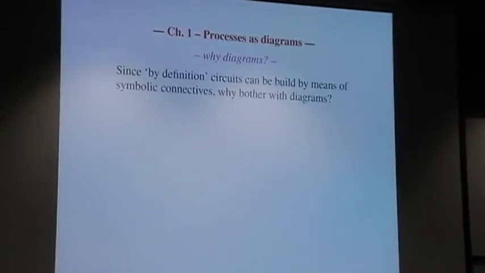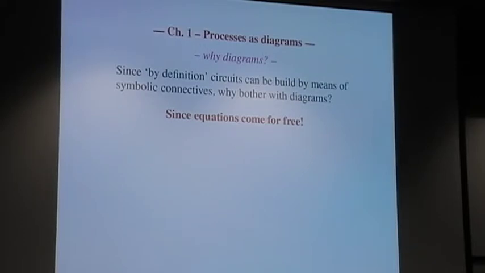So since we can do things symbolically, why do we want diagrams? I already hinted that it's more intuitive, but can you say in a more crisp way that it's actually better, even purely mathematically? Is there a way in which diagrams are better? Since we can define circuits symbolically, why bother with diagrams?